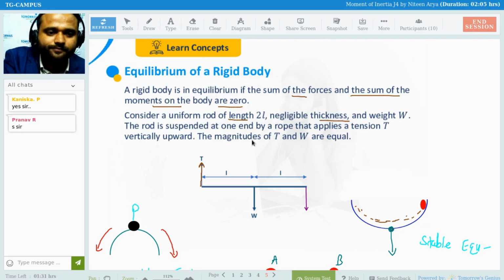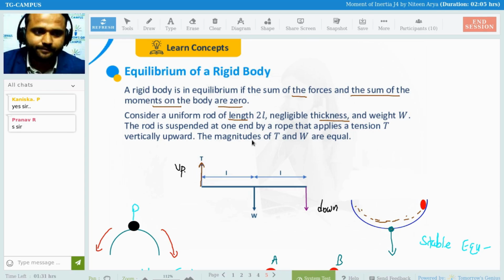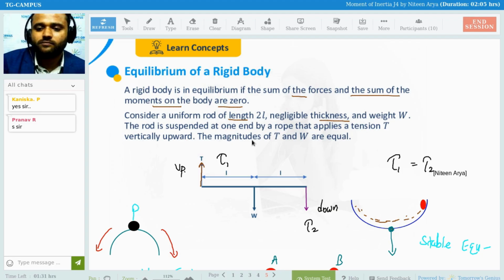Obviously, if one side goes down, the other side goes up, and that is not equilibrium. So for equilibrium, the tension force and the weight are equal, or you can understand it in this way: the torque here, T1, and the torque here, T2, are equal and opposite. Torque 1 is the negative of torque 2. Basically, the net torque, torque 1 plus torque 2, is going to be 0.